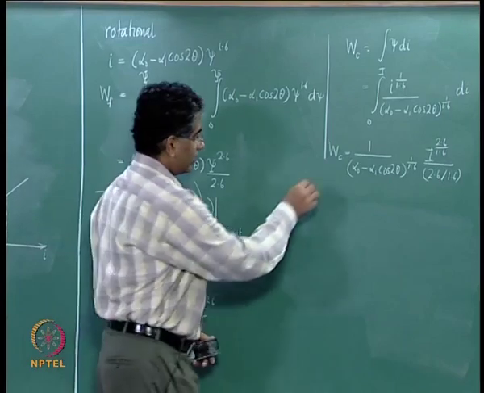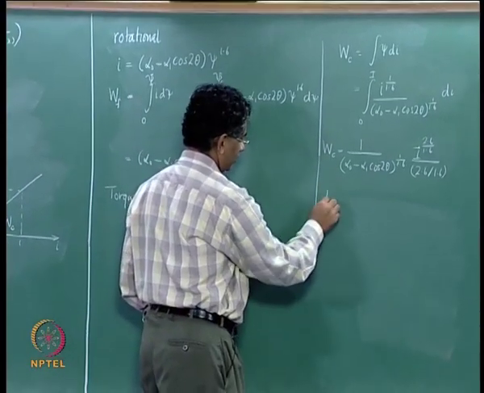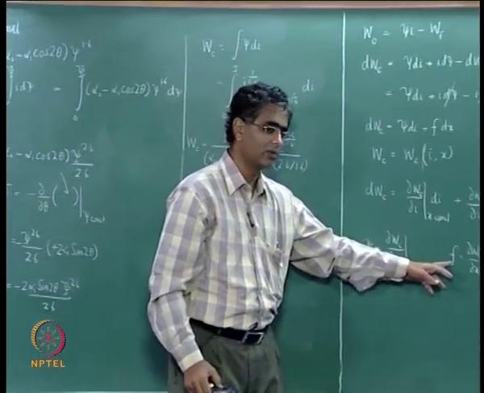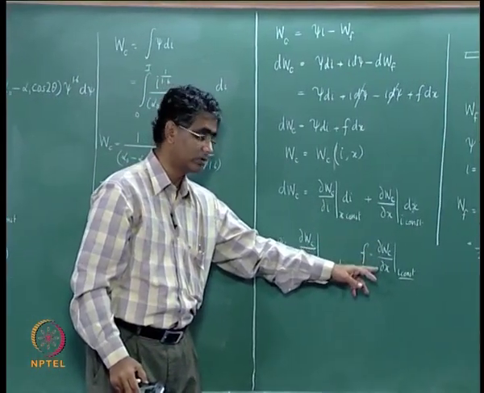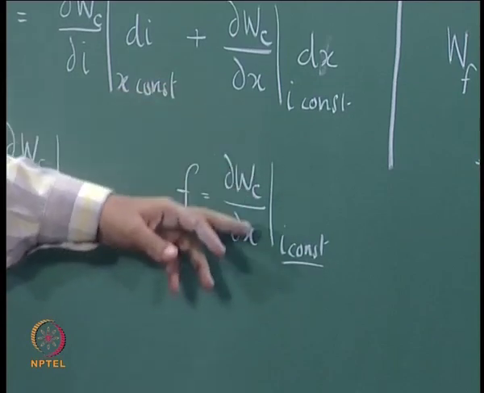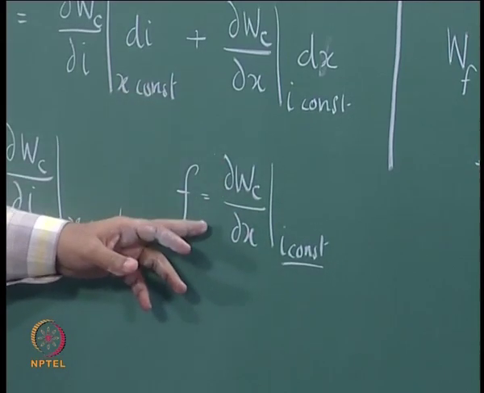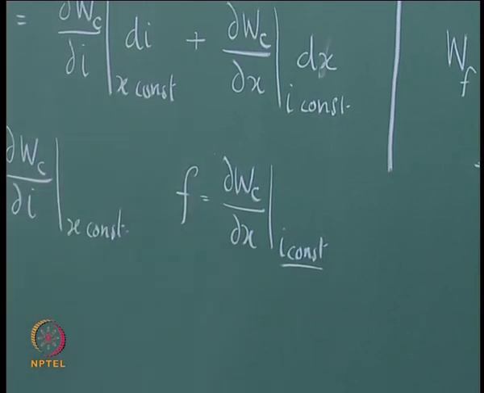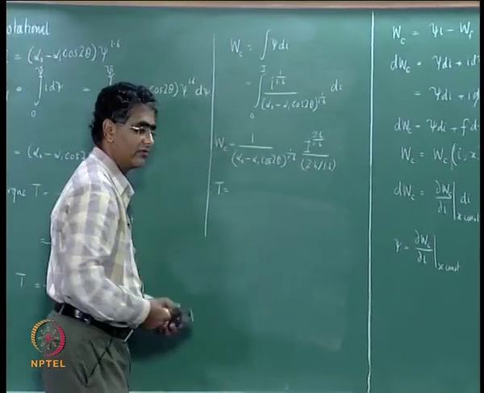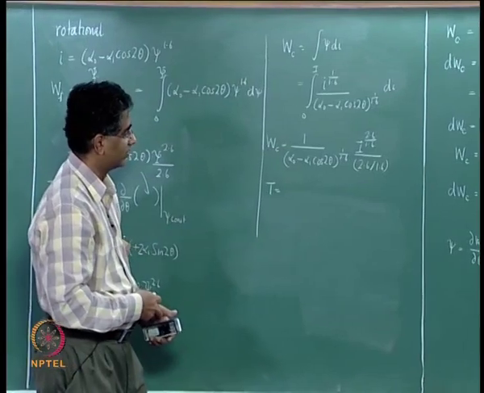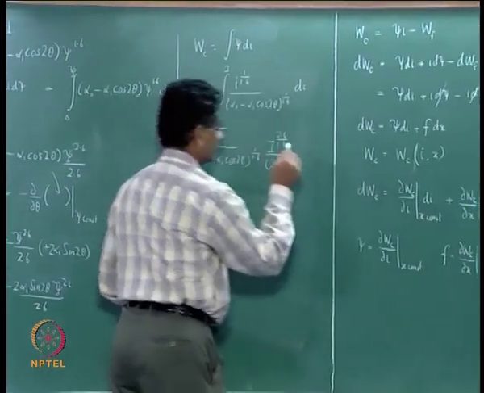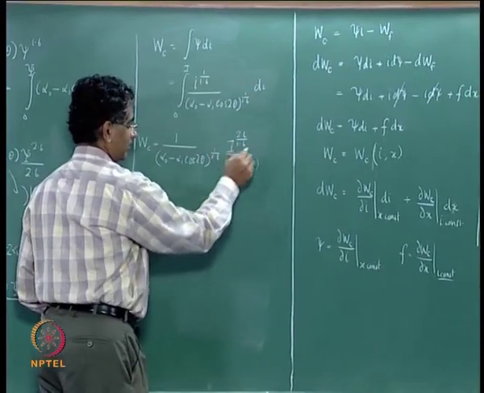and in order to derive the expression for the torque, we see that the torque is given by dou WC by dou theta. The force for a linear system would be dou WC by dou x; for a rotational system, it would be dou WC by dou theta, and so you need to differentiate this expression with respect to the angle, keeping I constant, which means this term is kept constant.